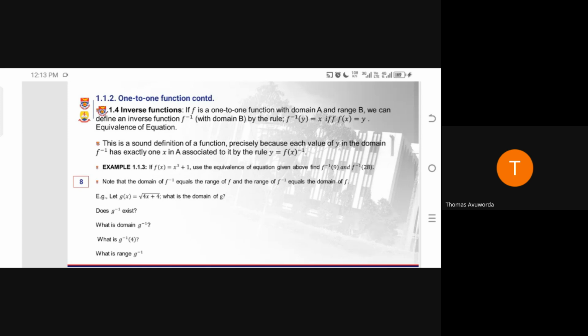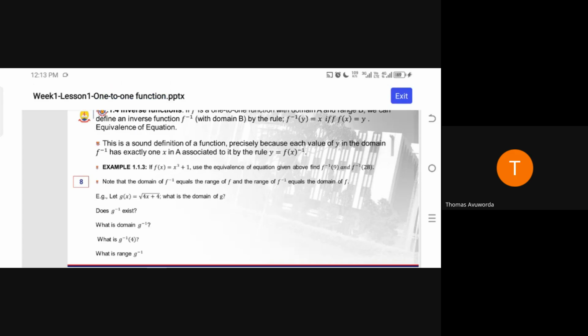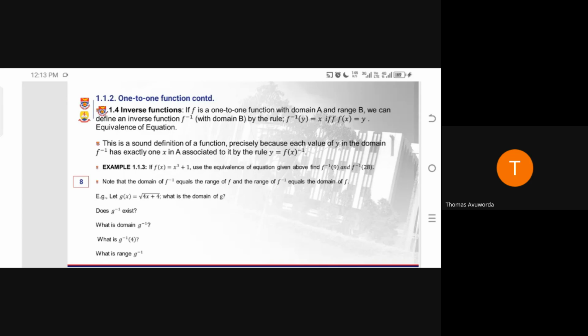Any other value cannot go. We should make sure that when we put any value into the function under the square root, it does not give us a negative value. If you substitute -1, it will give you 0. That's what she said: the expression should be greater than or equal to 0.